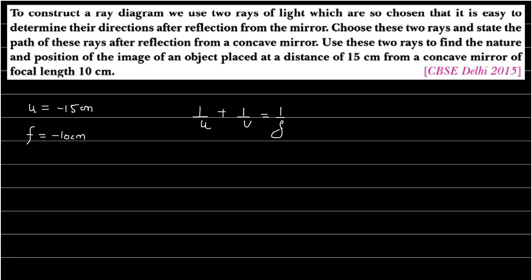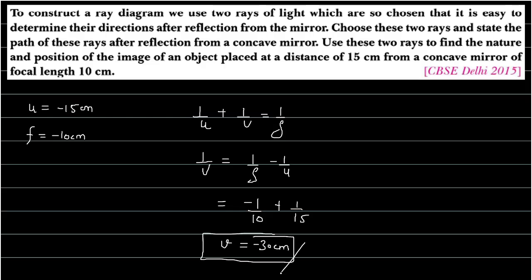You have to draw it properly, write what is given, what is being asked. We know that mirror formula is this, then solve. So 1 upon V would be 1 upon F minus 1 upon U.